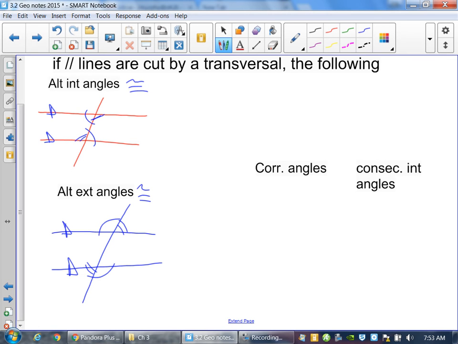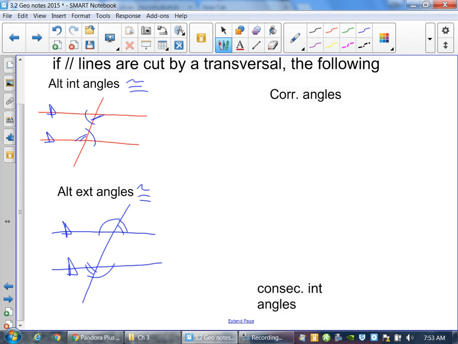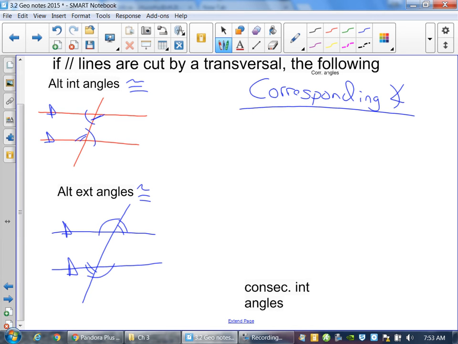The other ones are what we call corresponding. Let me write this one out. Corresponding angles. Corresponding are the ones that are in the same position on the same side of the transversal.